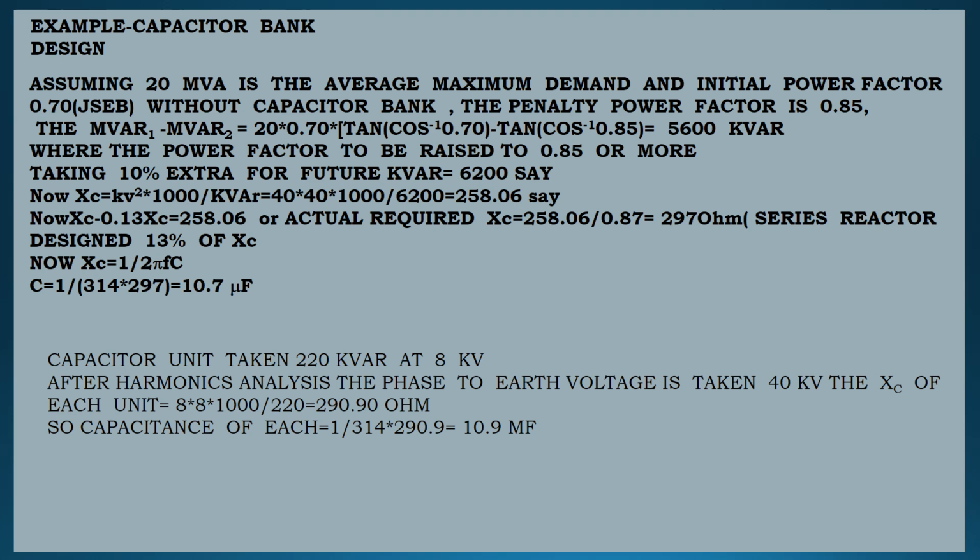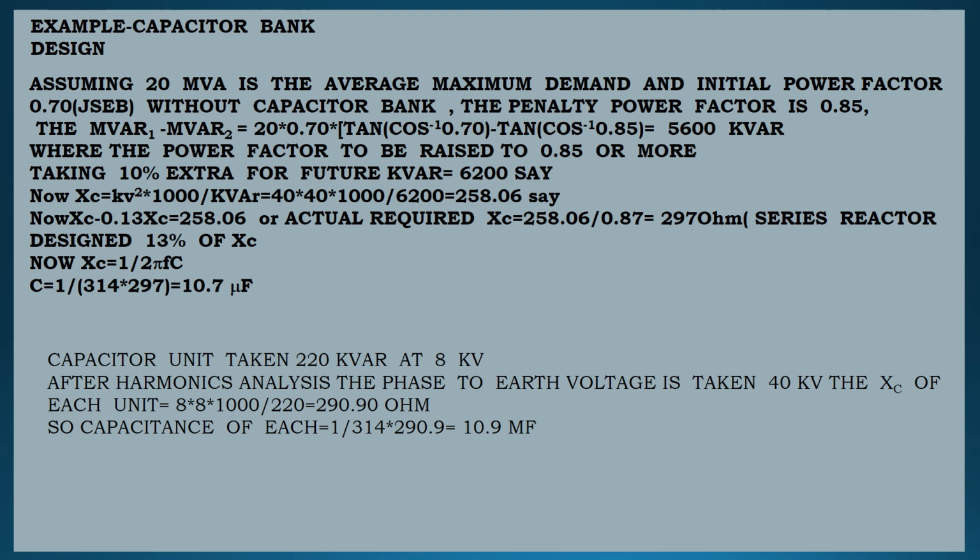Now the capacitor unit nowadays available is 220 kVAr at 8 kV. The voltage will be taken as 40 kV. The Xc of each unit, again the same formula, kV square into 1000 by kVAr, means here the voltage is 8, so 8 into 8 into 1000 by 220.